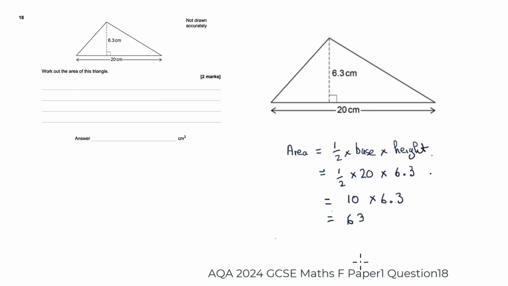So it's 63 point. If you like, the point moves 1 to the right. So 63, and it's an area, that would be square centimetres. So the answer, 63 square centimetres.